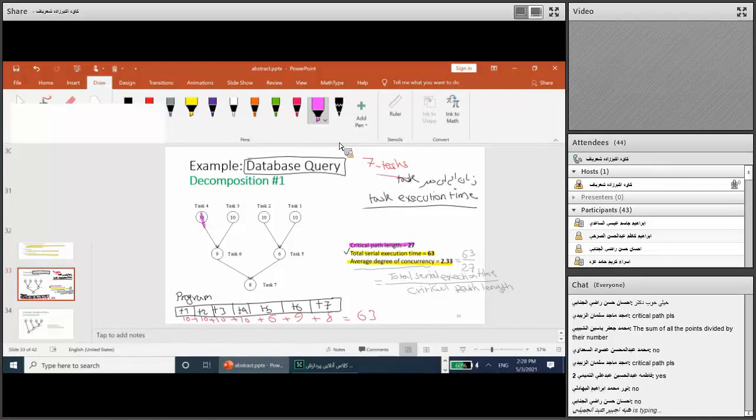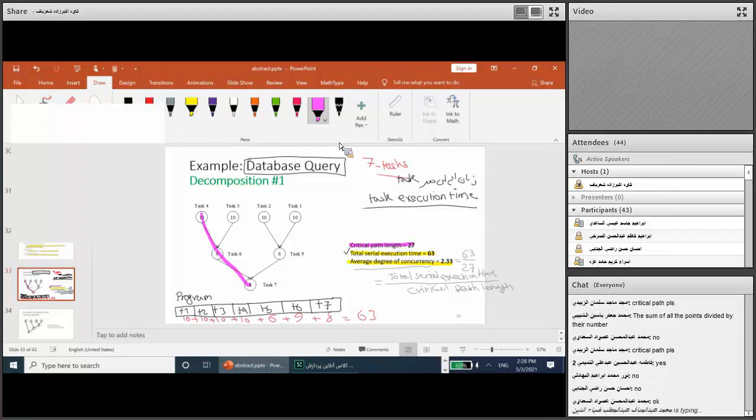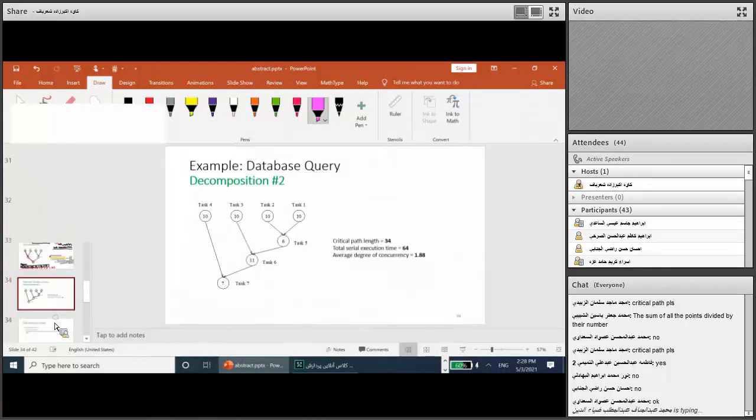Critical path length was the sum of the execution times of the longest path. Okay, in the next example, we talk about it more.